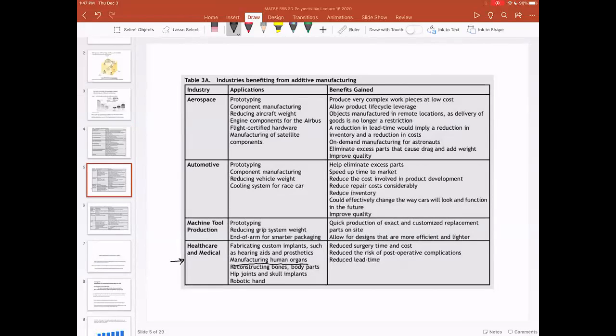That's a job for advanced polymers. Bone implants, body parts, hip joints, skull implants, robotic hands, things like that. And these are some of the large-scale benefits gained by doing additive manufacturing in the biotech and healthcare space. And we'll talk about specific examples, like I said.